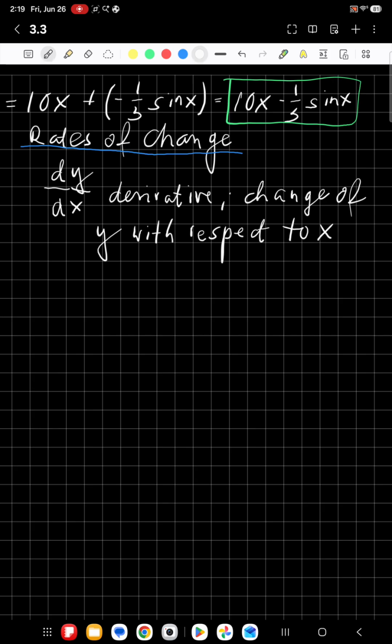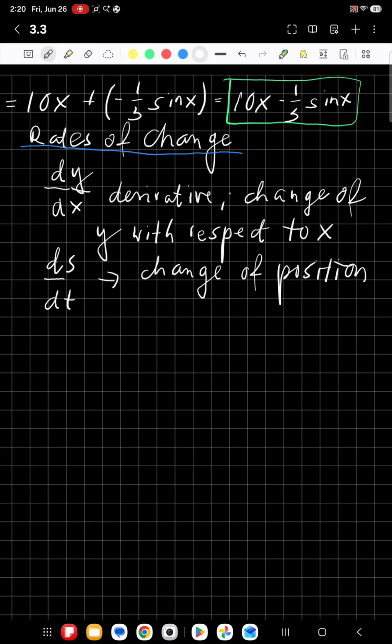Okay, so I'll give you an example using physics. If I write ds dt, that would be change of position with respect to time, change of position in time.